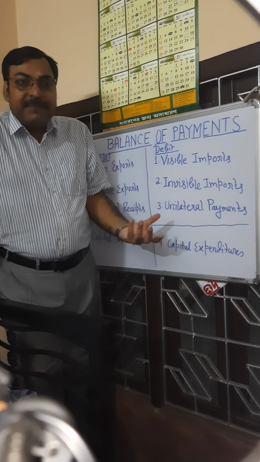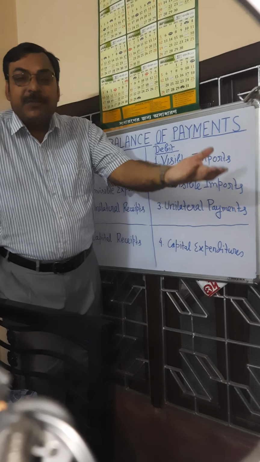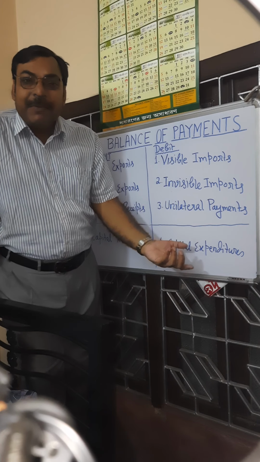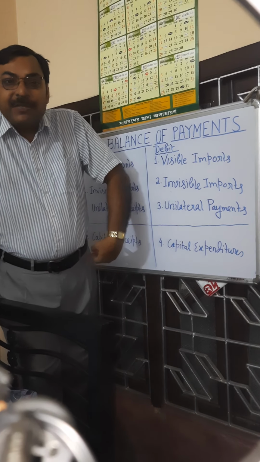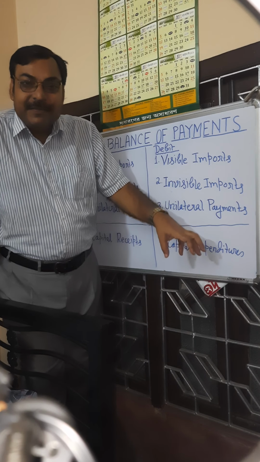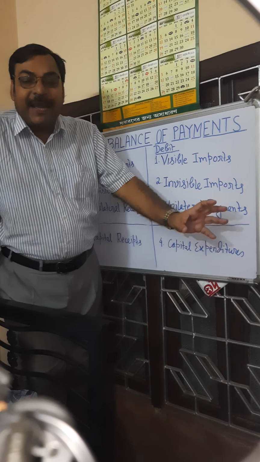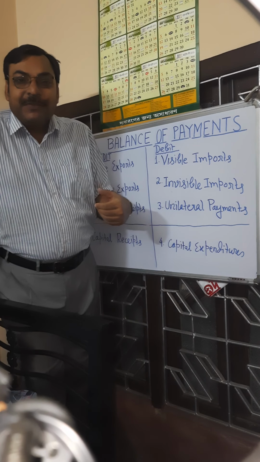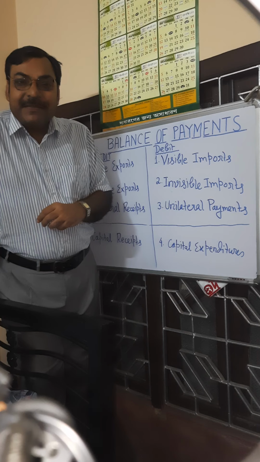So if there is some surplus, we will transfer it to that reserve, and that will be included in the debit side. So when the credit side was more, now we are giving the same amount as debit side of balance of payment account, and the balance of payment is balanced.